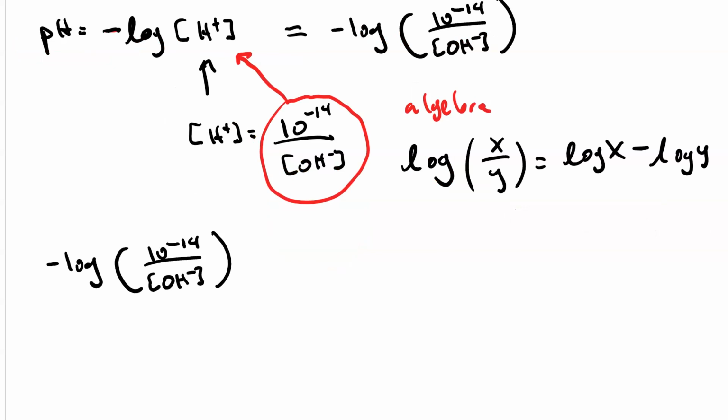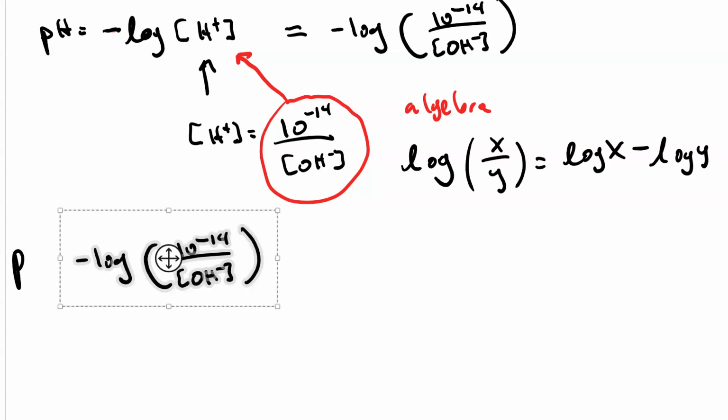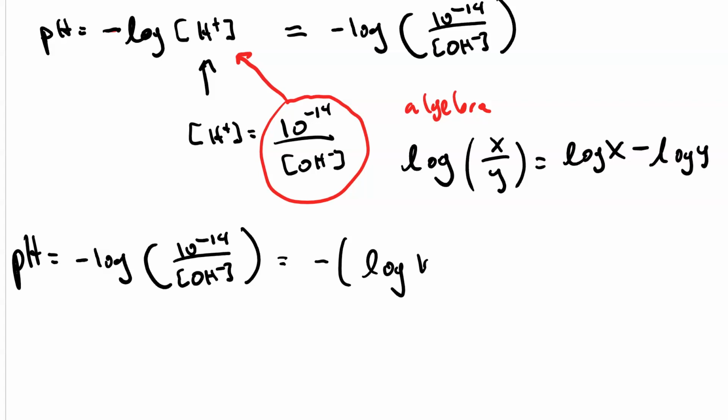So our expression for pH that we just derived becomes negative logarithm of 10 to the negative 14th minus the logarithm of the hydroxide ion concentration.